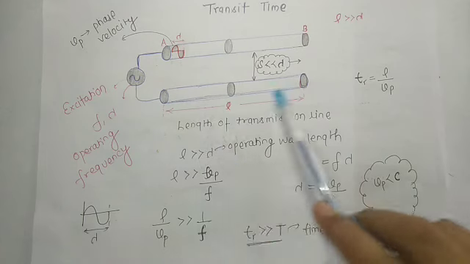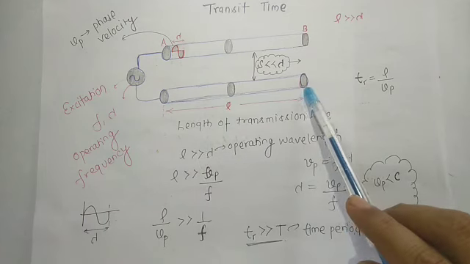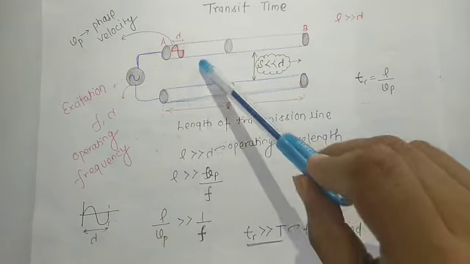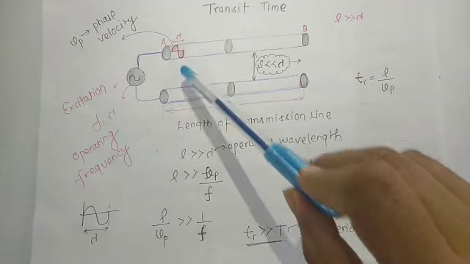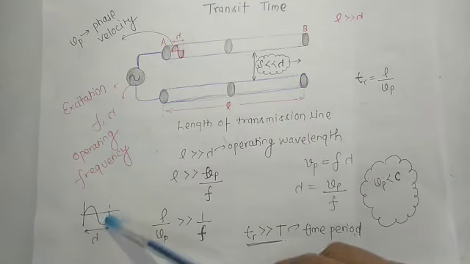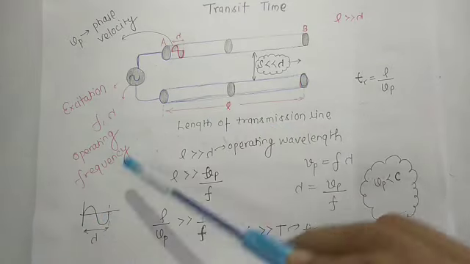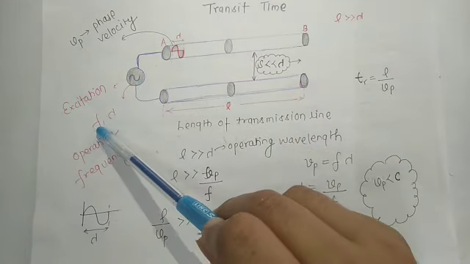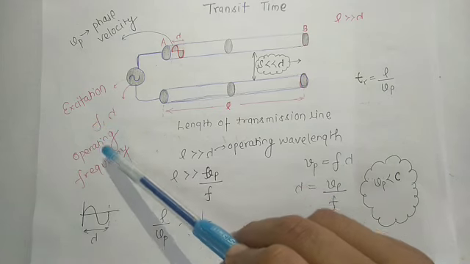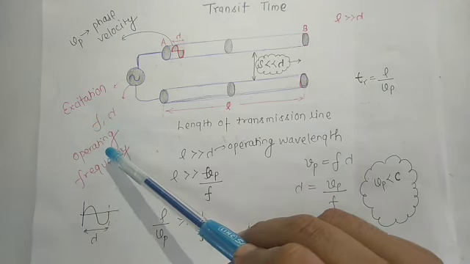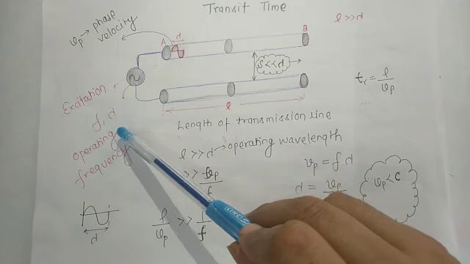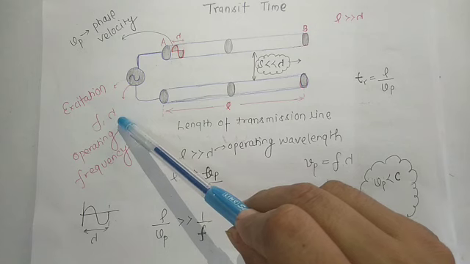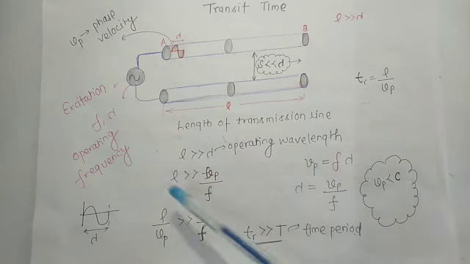In this figure, this is the length of the transmission line. I have drawn one wavelength. Remember that the length of one cycle is known as the wavelength. This transmission line is connected to an excitation having frequency f, known as the operating frequency, and with the help of the equation c = νλ, we can calculate lambda, known as the operating wavelength.